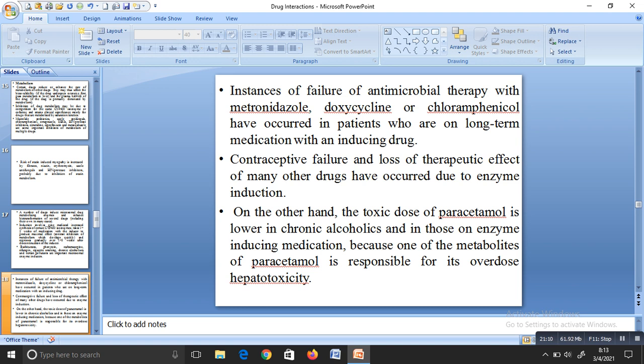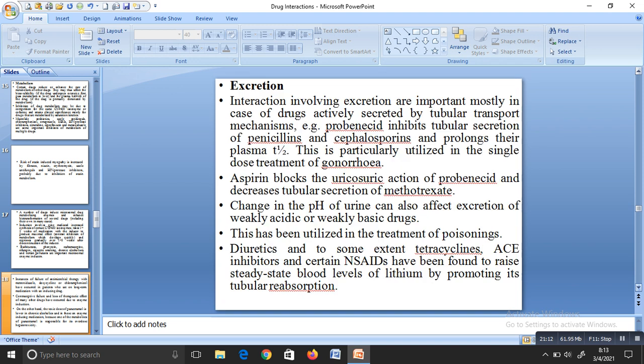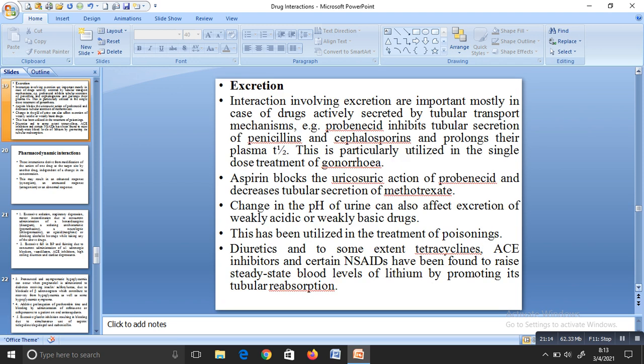We know the drugs are mainly excreted through the kidney, in urine, and interactions mainly occur for the drugs which are secreted by tubular transport mechanisms. Some drugs will be inhibiting the secretion of drugs and some will be enhancing it.